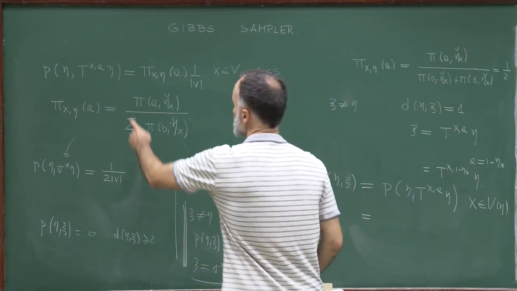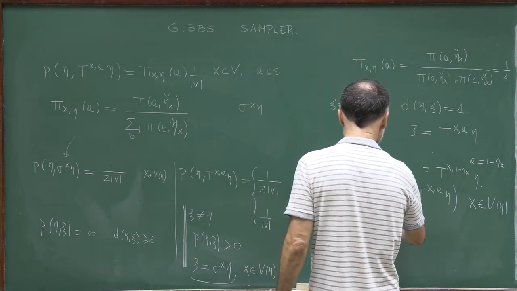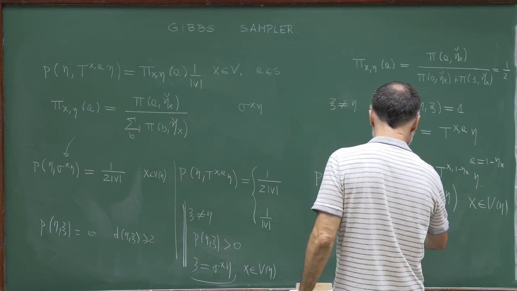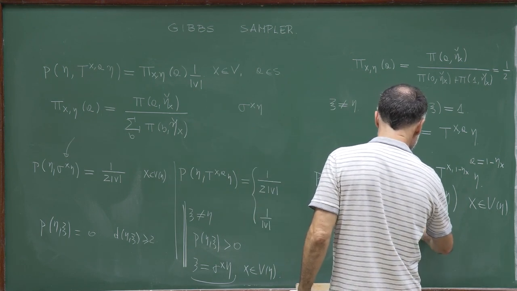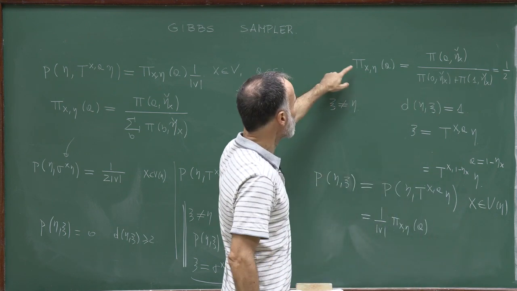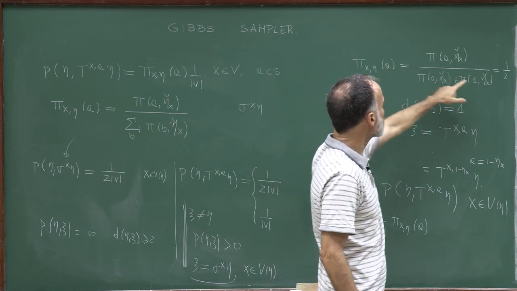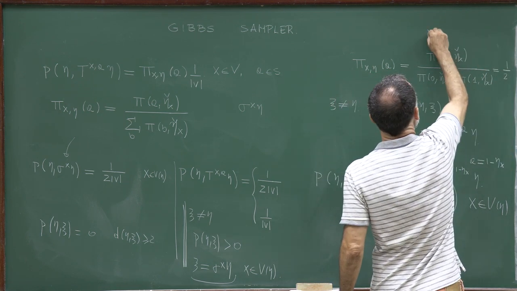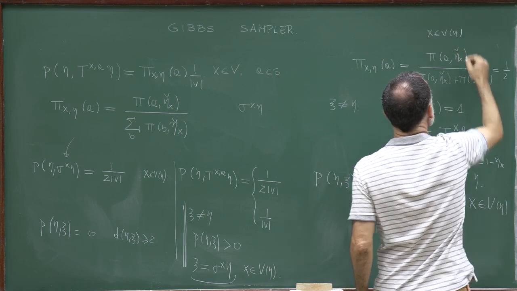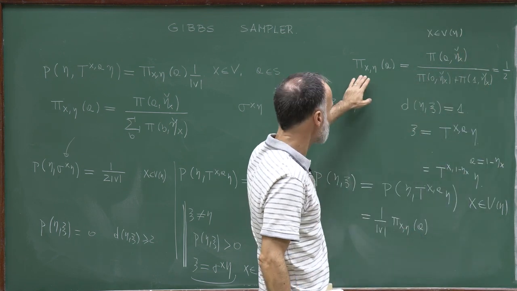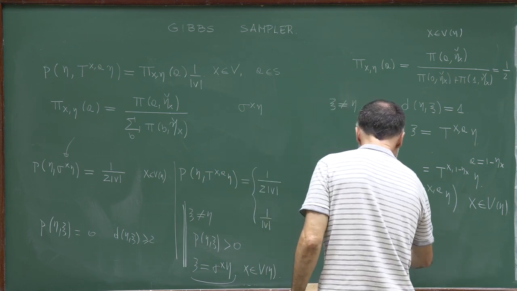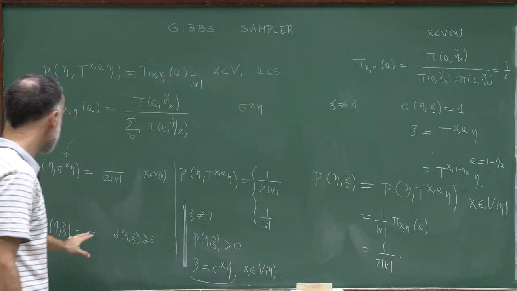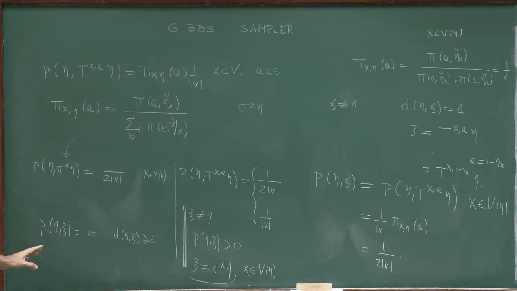Now I can go to this formula. This tells me that this is 1 over V, pi_x eta of a, and now pi_x eta of a is equal to 1/2 if x belongs to V of eta. So if x belongs to V of eta, this probability is 1/2, and so this is equal to 1 over 2V.